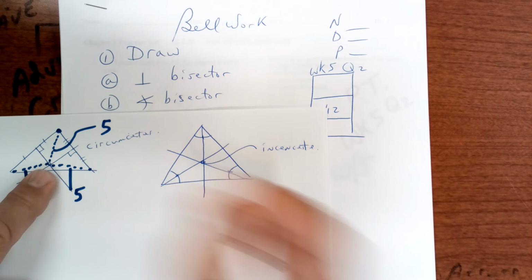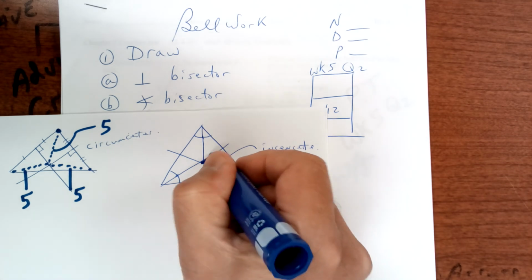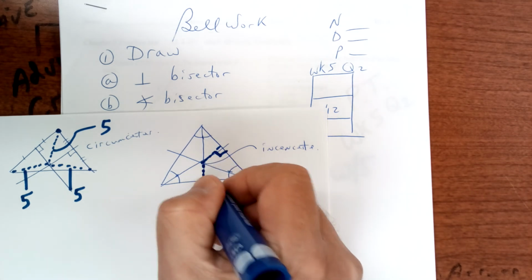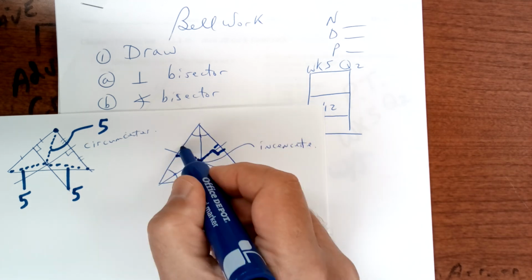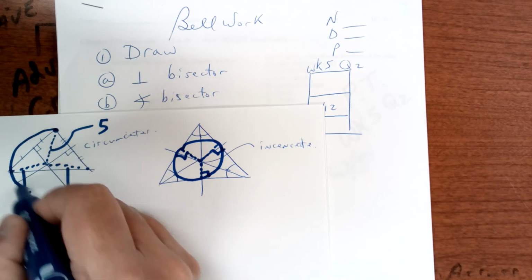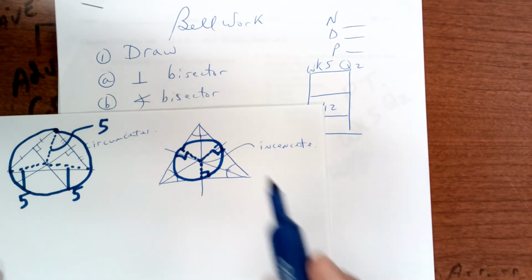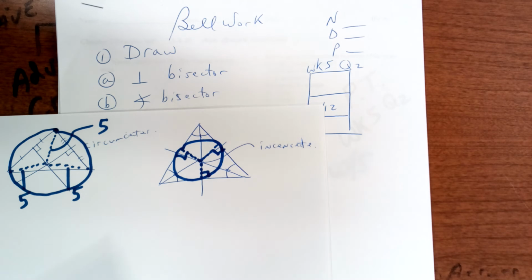All right, so the significance of the incenter is the distance to the sides are the same. And this one forms a circle inscribed. This one forms a circle circumscribed. And this is your radius. So if you want the diameter, you would double it and get 10. All right, so let's go on.